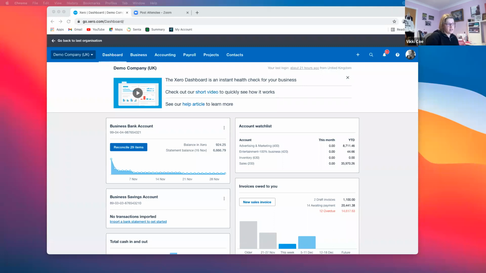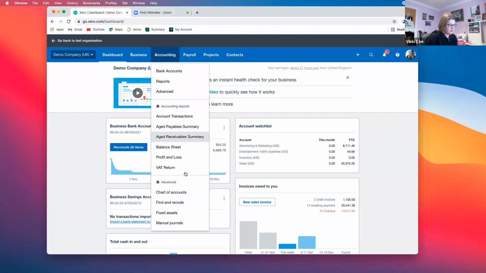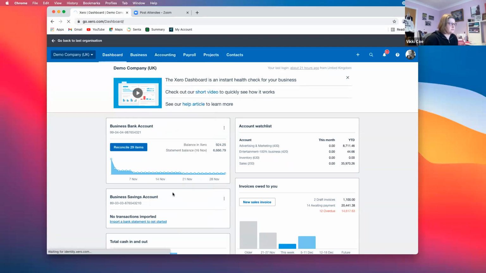So this is the chart of accounts, it's called. It sits behind Xero. You all have access to be able to see it, so I'm going to show you where. So what is a chart of accounts? In the main dashboard of your Xero, if you go to accounting, and then right there at the bottom, you will see under advanced, chart of accounts.